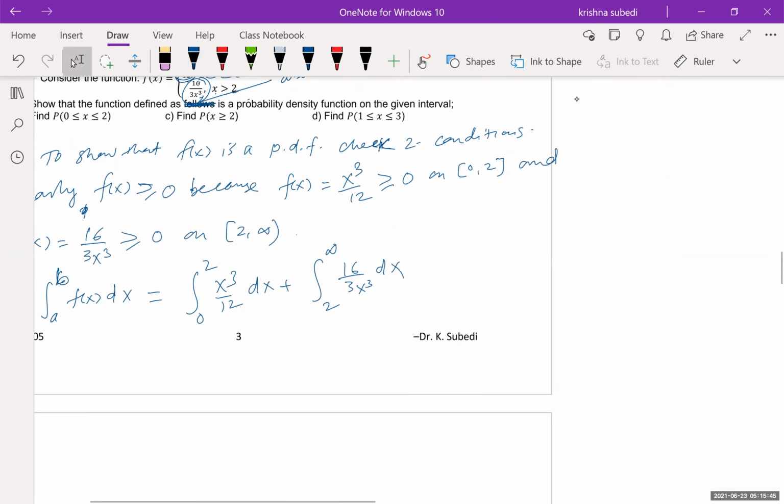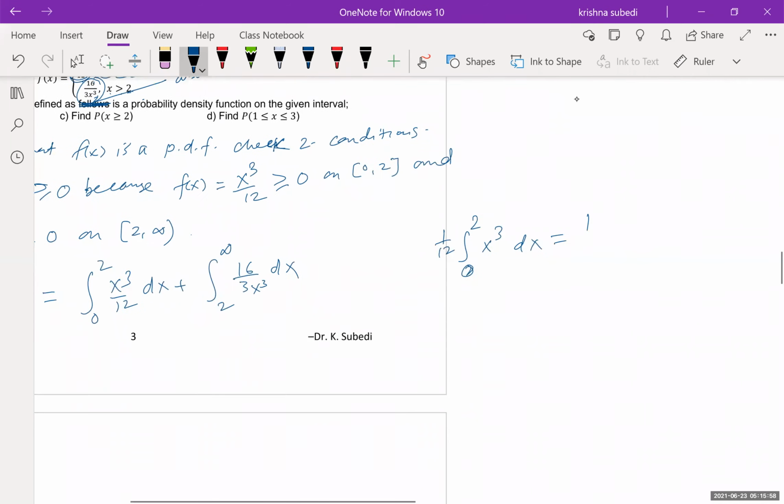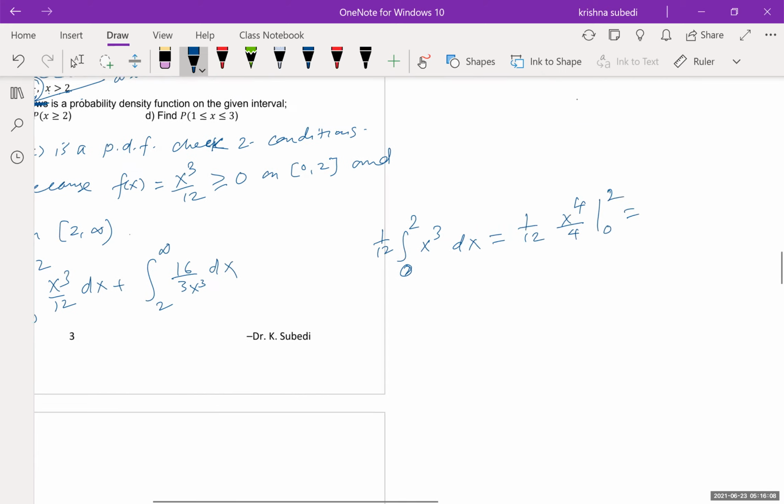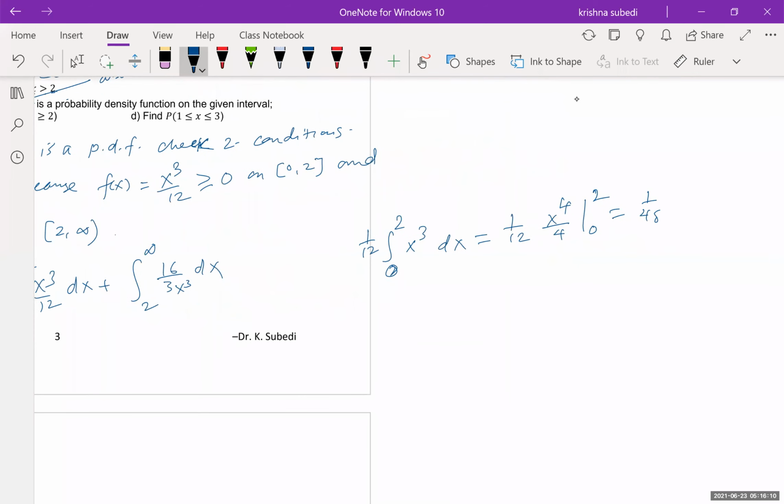So I want you to try this. The integral from 0 to 2 of 1 over 12 x cubed dx. How much is that? That's going to give me 1 over 12, and x cubed will be x raised to power 4 divided by 4, and that's going to give me 1 over 48.